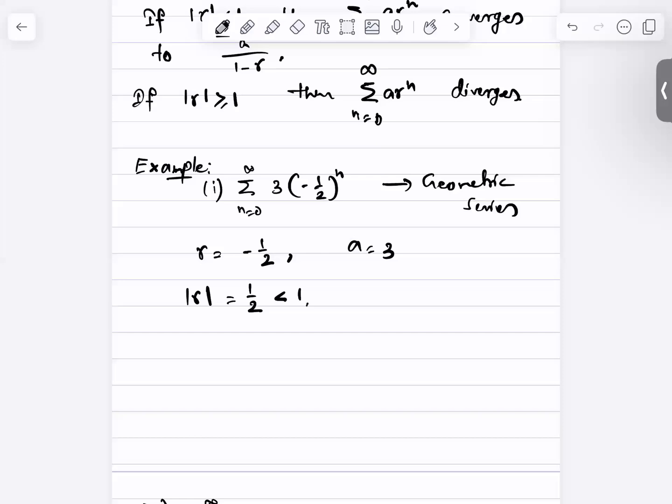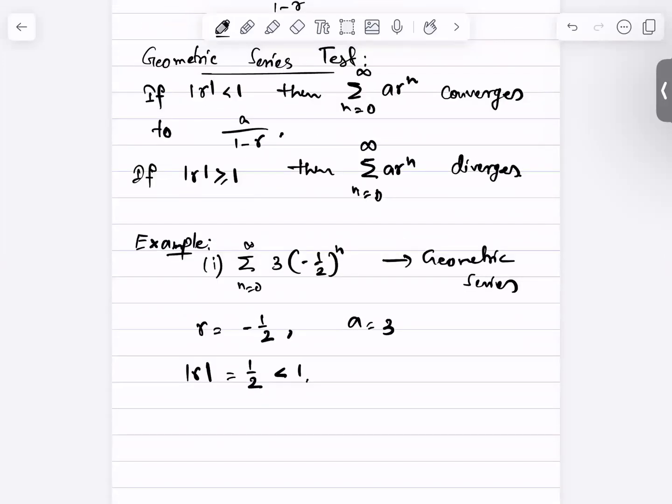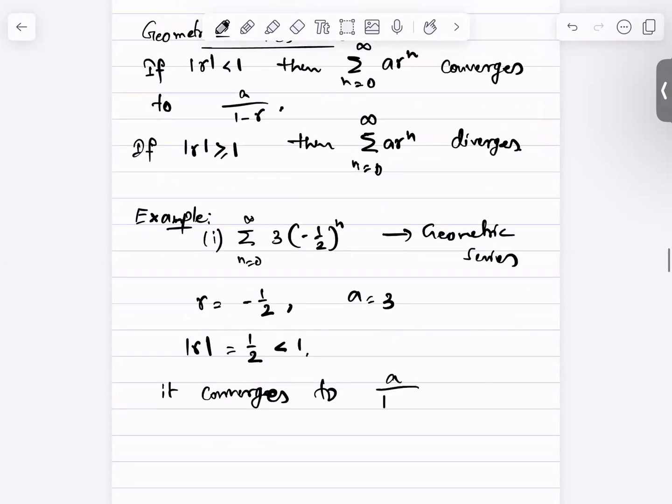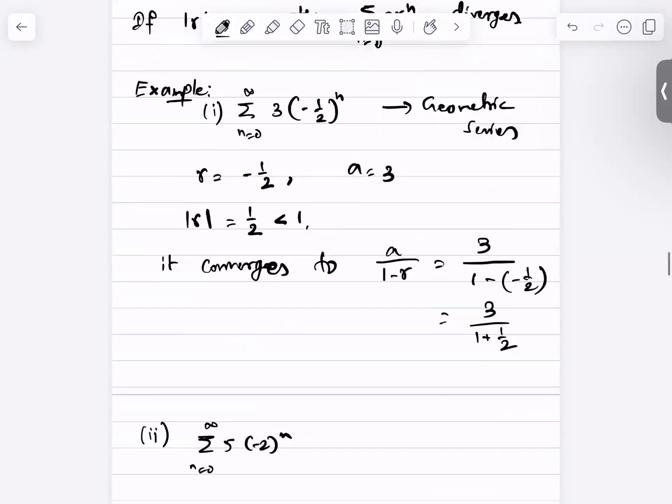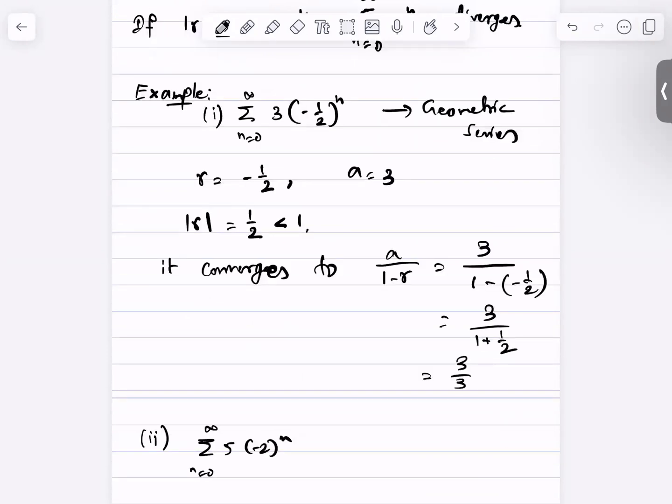Therefore, by the geometric series test, we can say that it converges to a over 1 minus r, which is 3 over 1 minus negative half. So 3 over 1 plus 1 over 2, which is just 3 over 3/2, which is just 2.